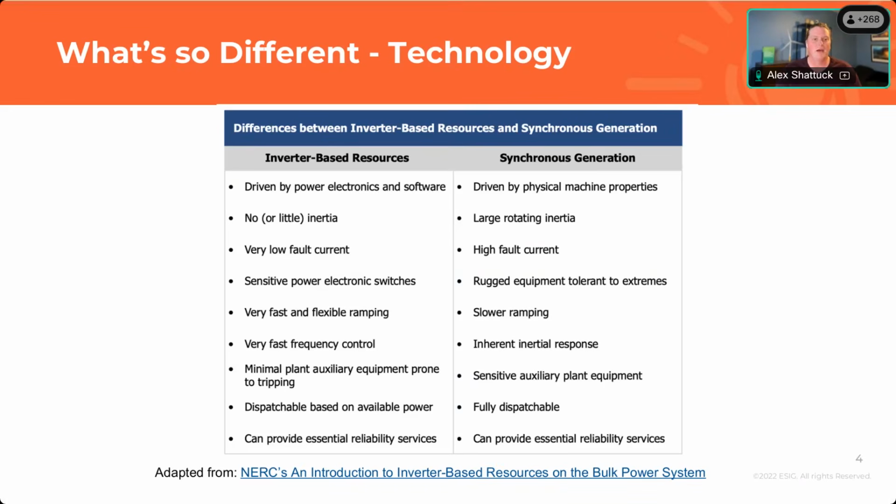You can model those from recording physical components once it's built. The flip side is that being driven by physical machine properties doesn't really happen in the inverter-based resource world. There are some physical machine properties that do cause performance differences, like capabilities of active power, reactive power, voltage support and ride-through, and maybe type 3 wind or type 4 wind that have an actual spinning mass, which could affect the performance.